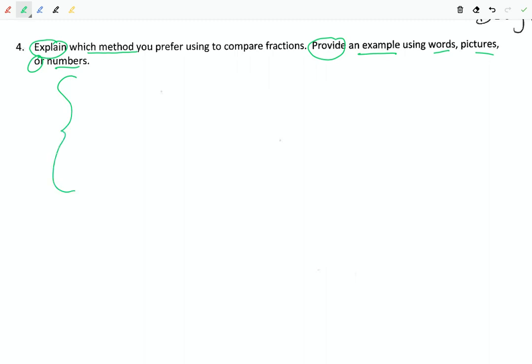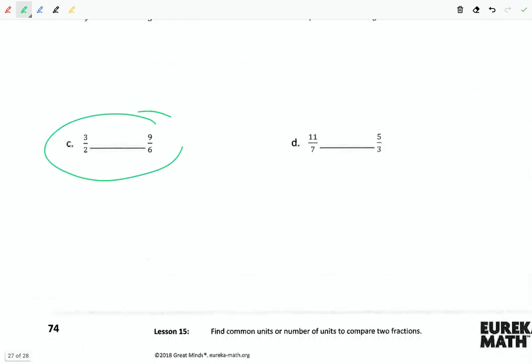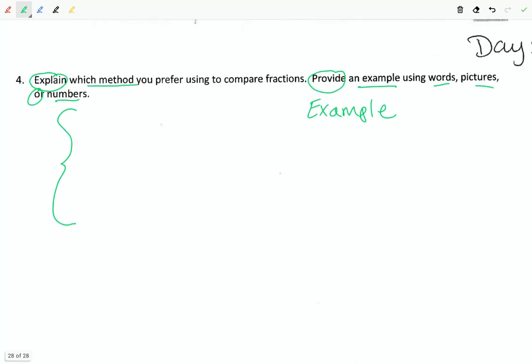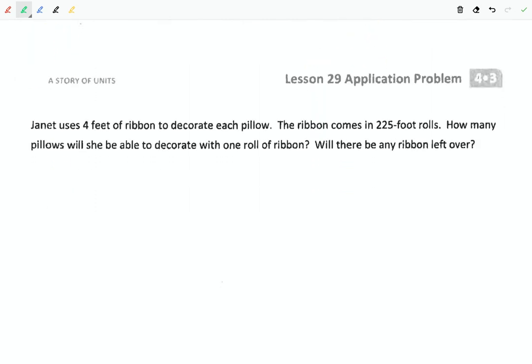And then don't forget to write your example, okay? So for the example, you could write a pair of fractions like these, and then you can show how you compared it with multiplication top and bottom, or if you said that you prefer to use area models, then you can draw your models, okay? And then solve the example that you're going to provide.